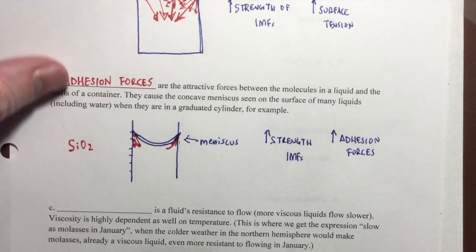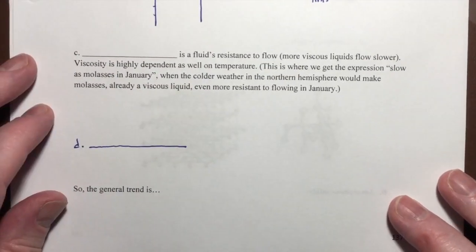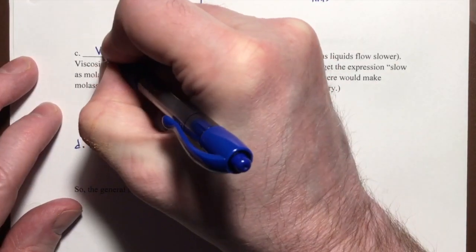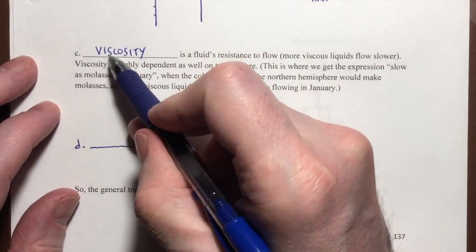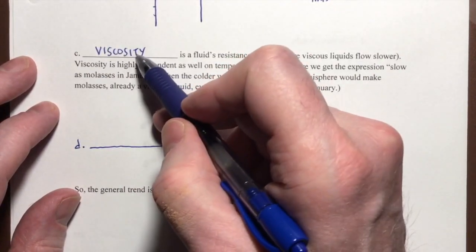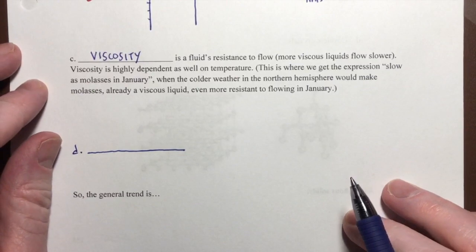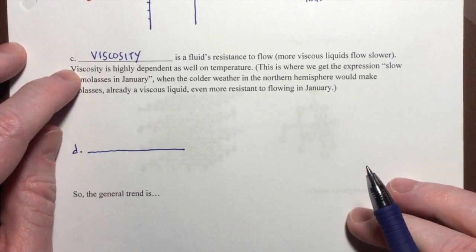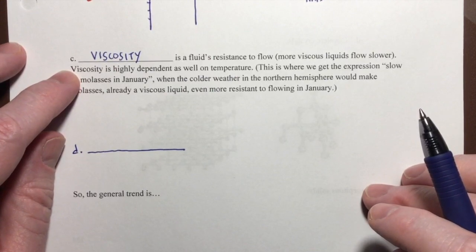Okay. Moving on to the next property of a liquid that is related to IMFs, we get viscosity. V-I-S-C-O-S-I-T-Y. Viscosity. And this refers to the relative viscous property of a liquid.